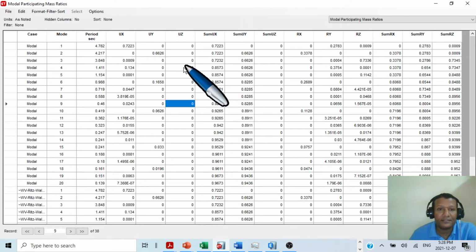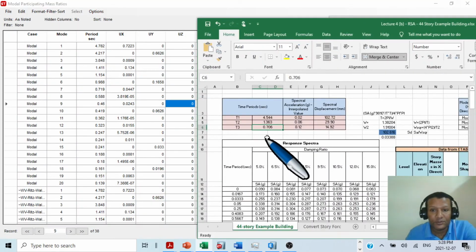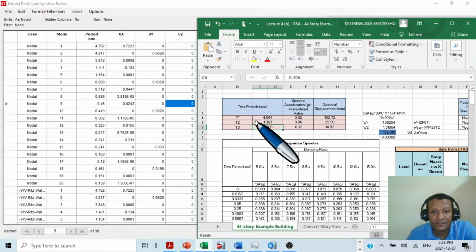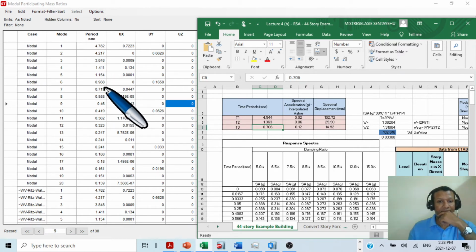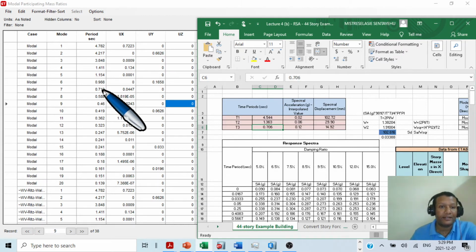This is the numbering. So when we come to Excel, as you can see here, the first mode is T1, around 4.544, and T2, the second mode, 1.411, and the third mode we have 0.719 approximately.